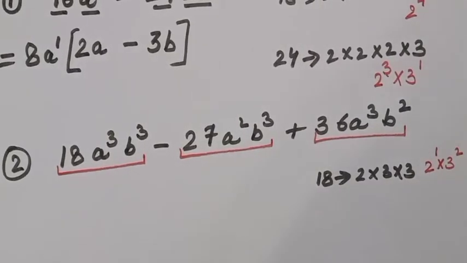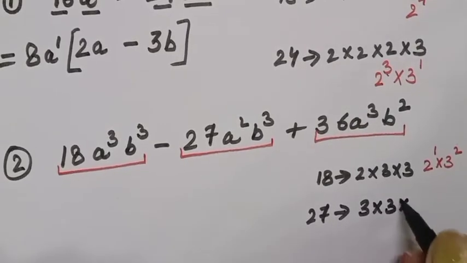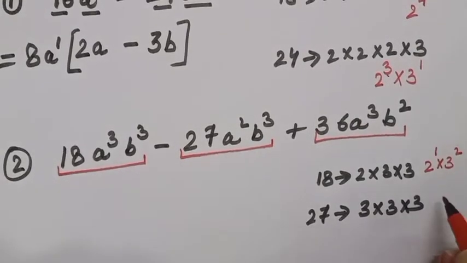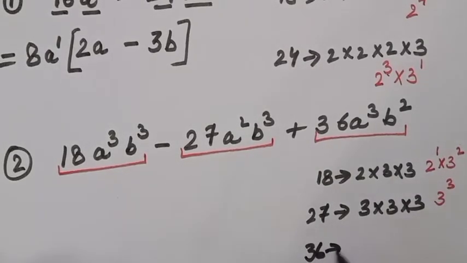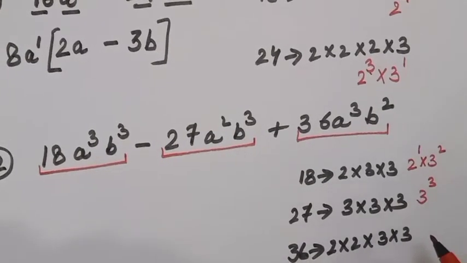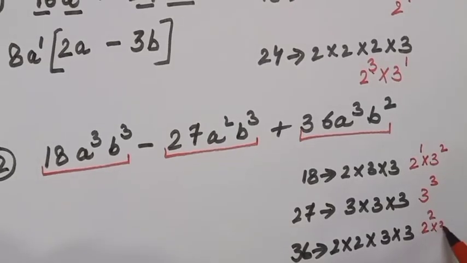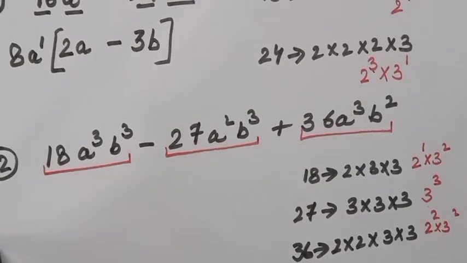Okay, and then 27 can be written as 3 into 3 into 3, or in short 3 raised to the power 3. And 36 can be written as 2 into 2 into 3 into 3. Correct. And in short we can write it as 2 raised to the power 2 into 3 raised to the power 2. So the highest common factor is 3 square. Here 3 times 3, but we will take as a common factor 3 square, which means you will take 9 as a common number.